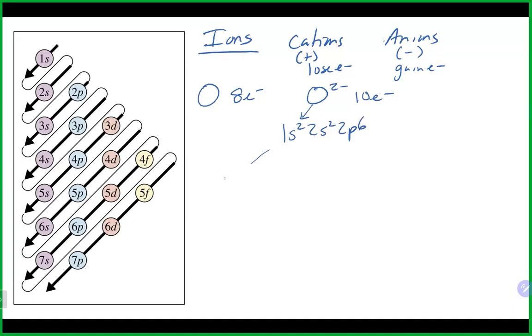And if we look at something like sodium that we just looked at, sodium with no charge has 11 electrons. Sodium typically makes a +1 charge, and the plus means that it has lost electrons, and 1 is how many it lost, which means 10 electrons.